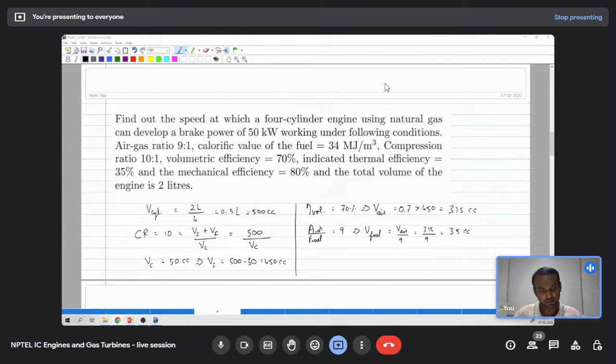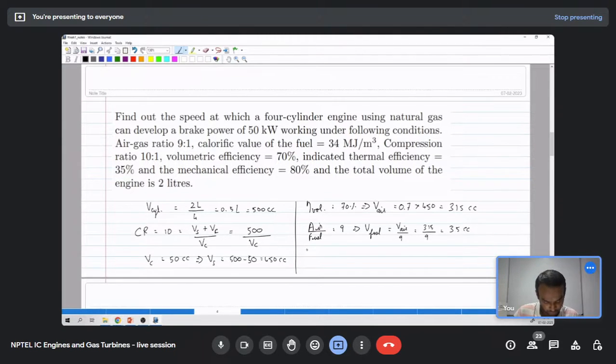So with that and with the calorific value of the fuel, we know what is the fuel energy that is given in the cylinder for every cycle. So fuel energy is calorific value into V fuel, which is 34 megajoules per meter cube into 35 cc.